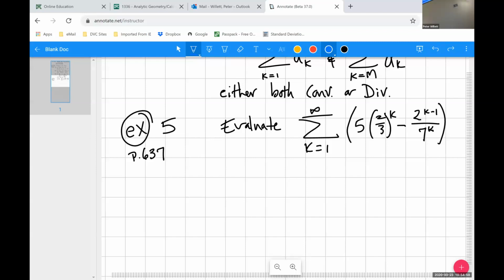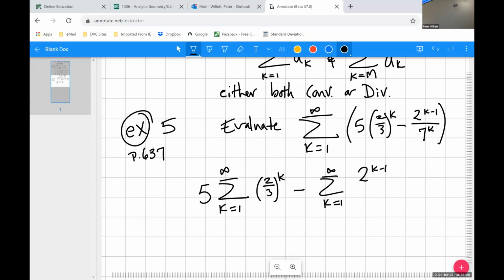So whatever the result of this series is, we can instead consider 5 times the series as k goes from 1 to infinity of 2/3 to the k, minus the series as k goes from 1 to infinity of 2 to the k minus 1 over 7 to the k.